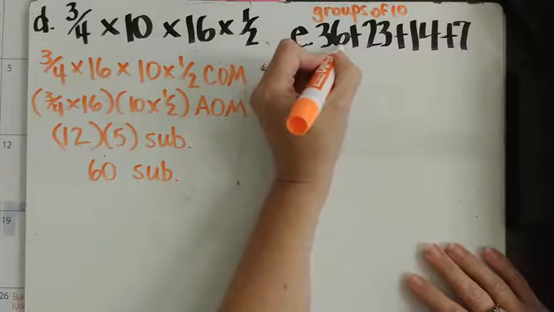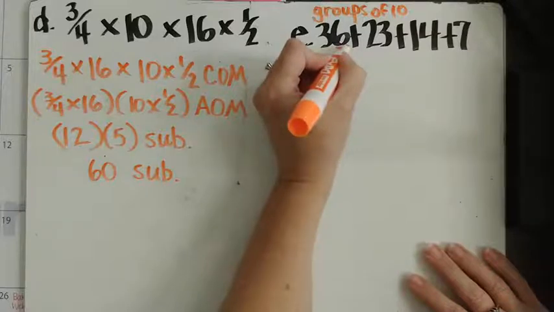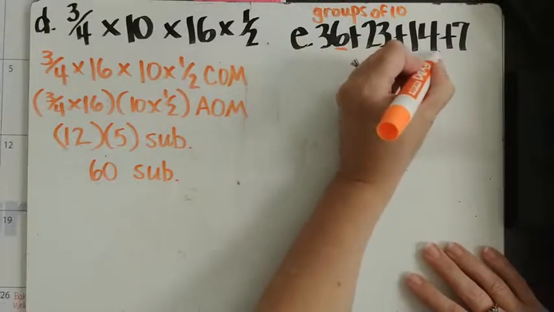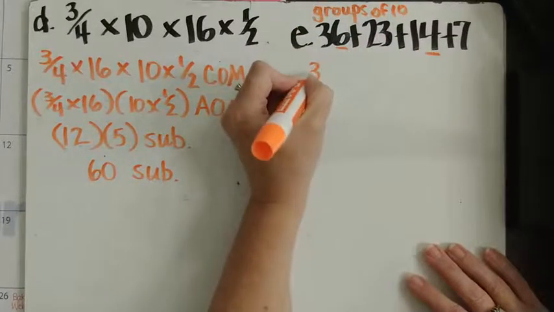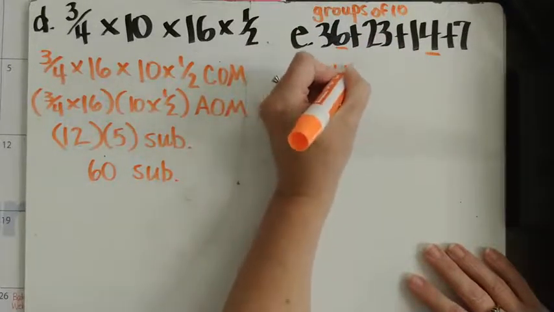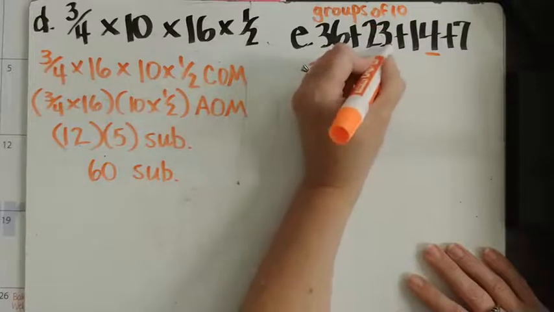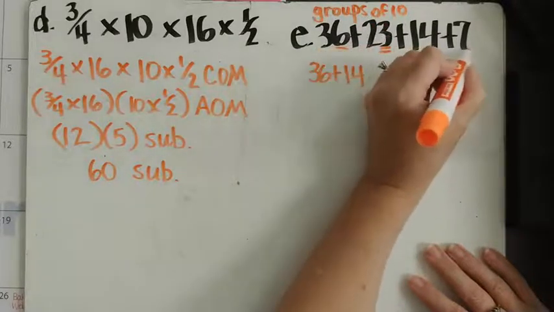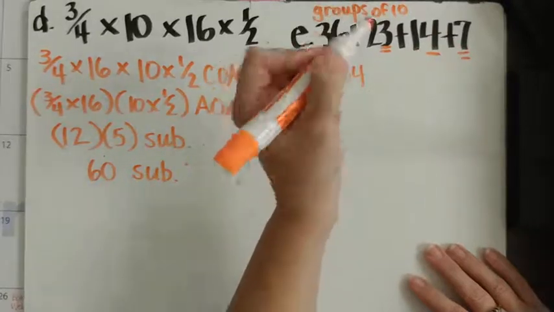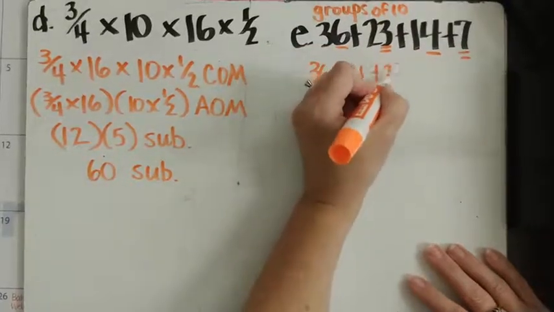So what with this 6 would make 10? Well, 6 plus 4 is 10. So we're going to group those two together. 36 plus 14. And what number plus 3 gives you a 10? It's 7. So let's group those together.